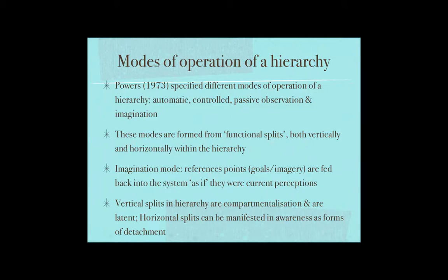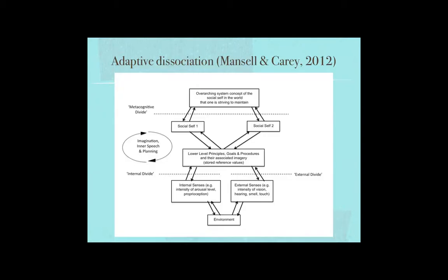And so what we're going to suggest is that the vertical splits in the hierarchy are more parallel to compartmentalization. They're sort of latent, they're set within the system in these layers, whereas the horizontal splits are the ways that this hierarchy can function with layers at one level operating independently from layers at another level.